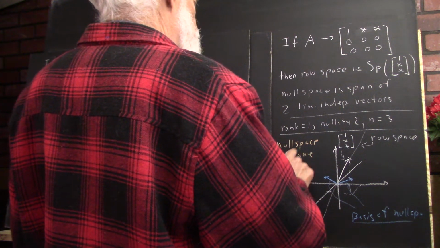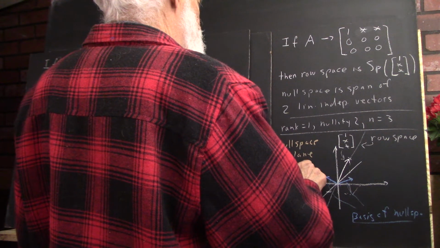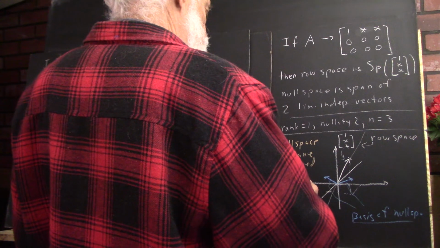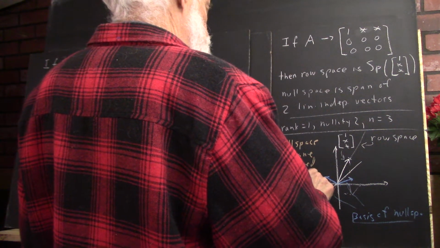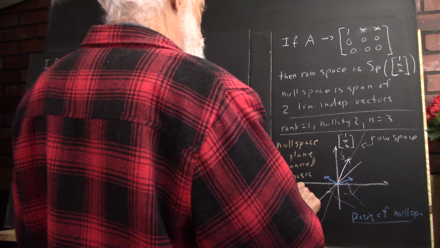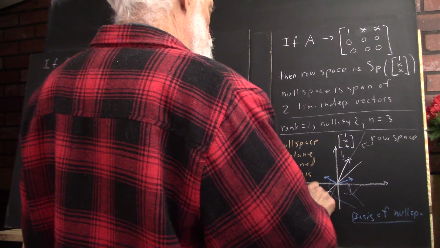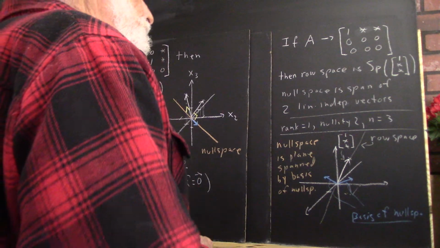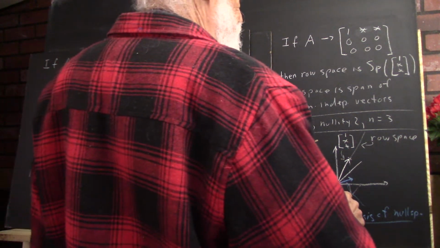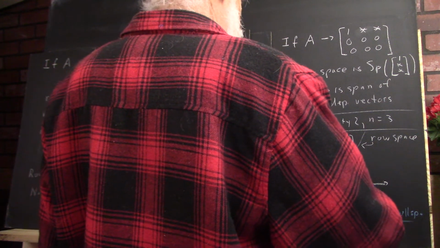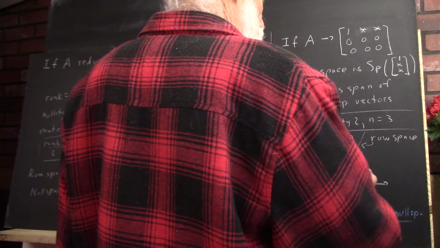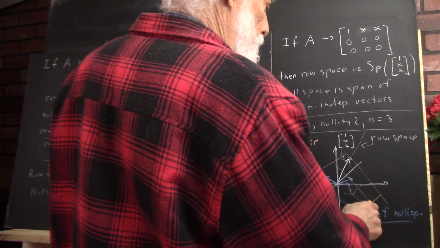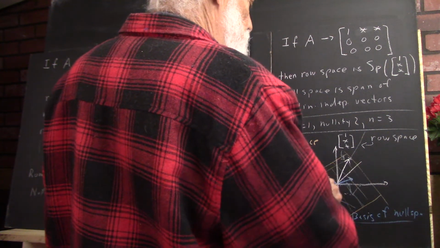It's the plane spanned by the basis of your null space. And that plane might look something like this. Now I'm going to attempt this. I don't know if the picture is going to end up making a lot of sense because I didn't take the time to plan it out real well, but it's going to be a plane.